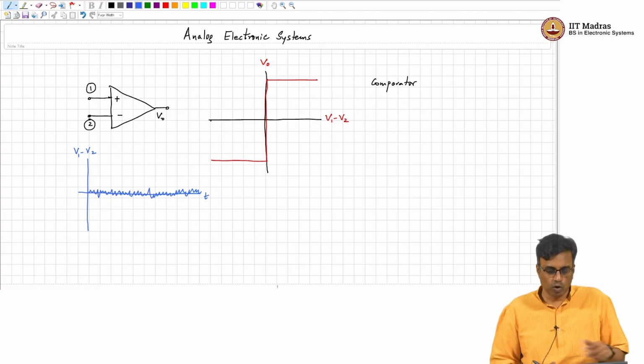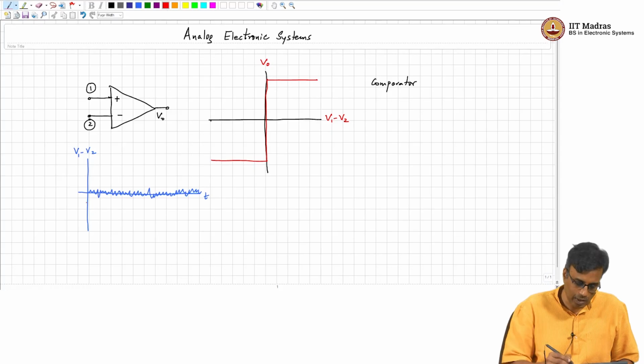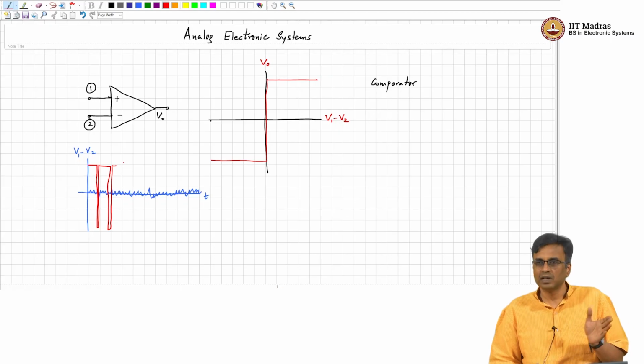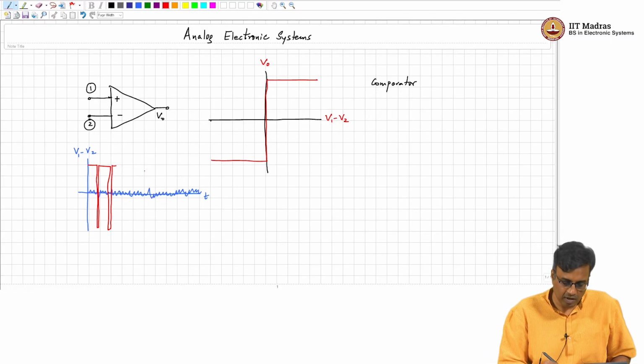And if this goes directly into the comparator, what happens? Well, the output sometimes is like this, then it goes down, goes up, goes down again, goes up. So there's a lot of what do you call chatter, right?